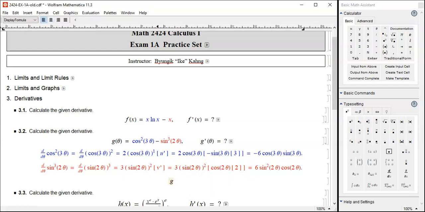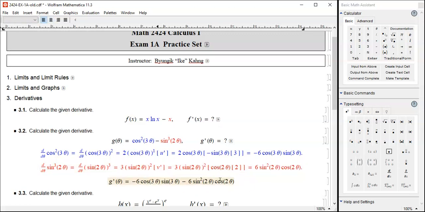All right. Let's complete the problem. So this one minus that one. So we have the blue function minus the red function.